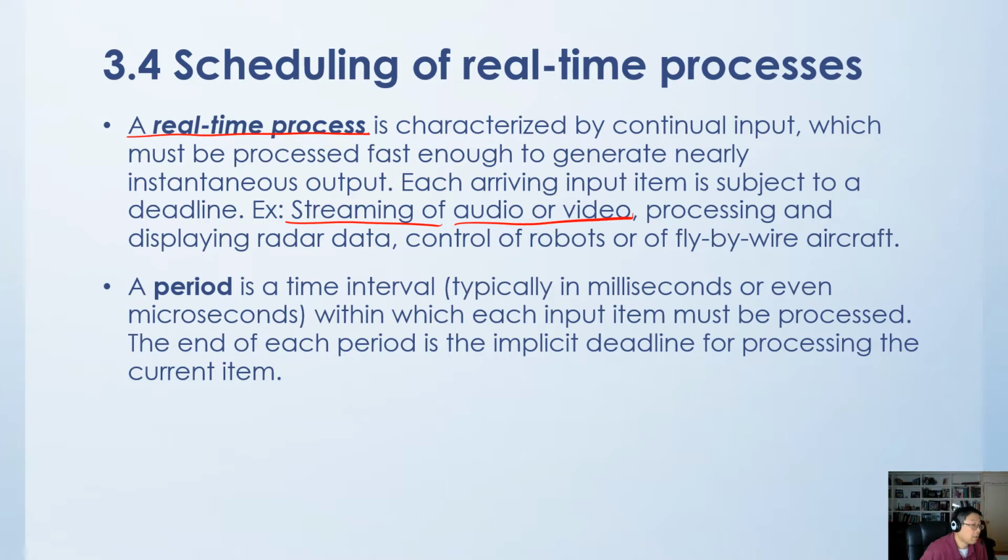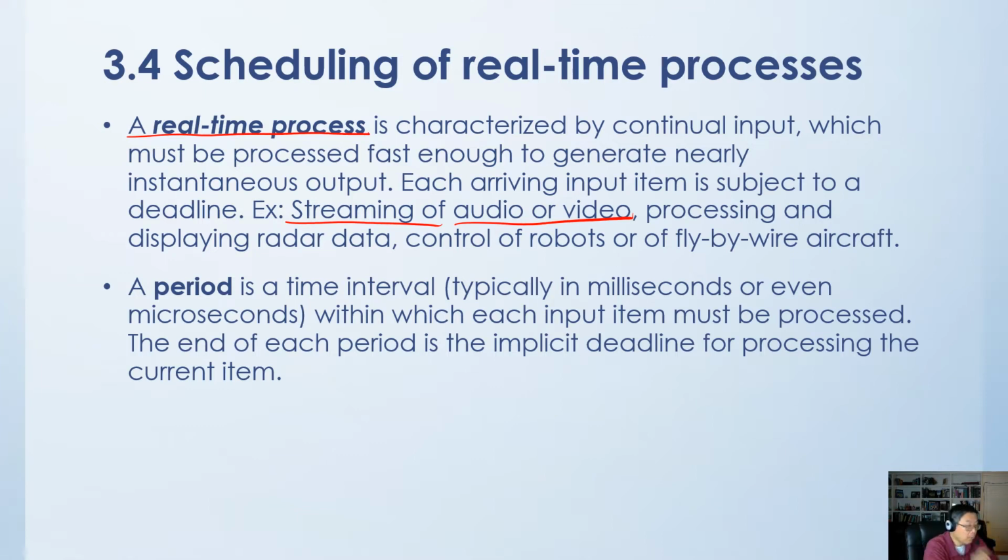Otherwise, the video conference fails. The other example is some of the systems in the autopilot system. In that case, once some kind of command signal is sent to a vehicle, you have to stop the vehicle within a certain period of time. So these are real-time processes.